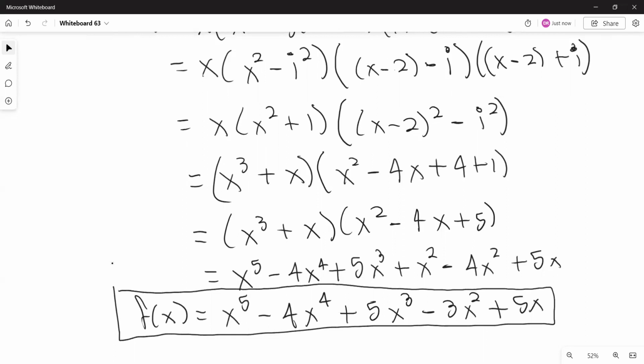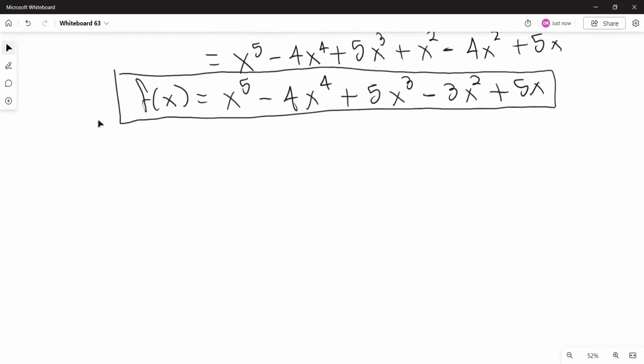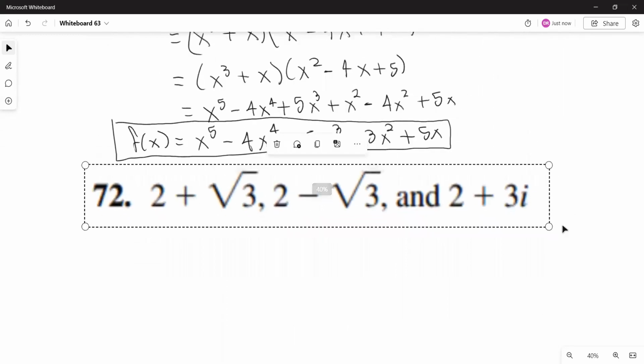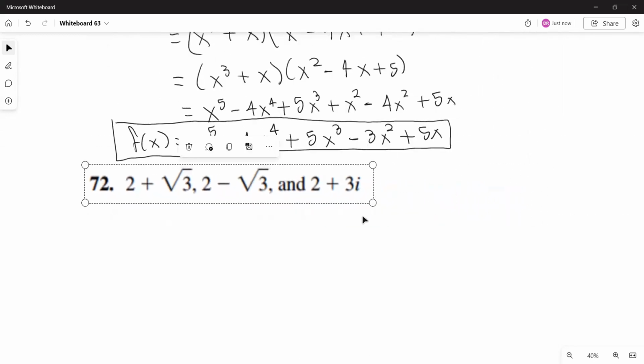And the last example is number 72. That's going to be the last one. Same question, we're going to write a polynomial of least degree, having only real coefficients, and zeros as given. And unless stated otherwise, the zeros have multiplicity 1.